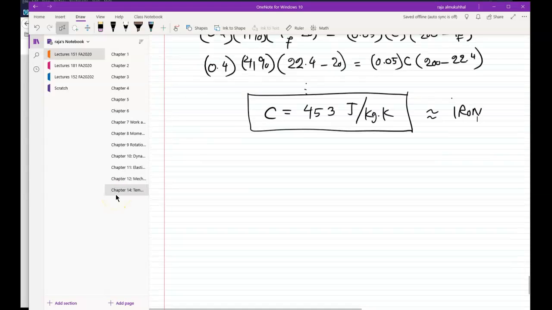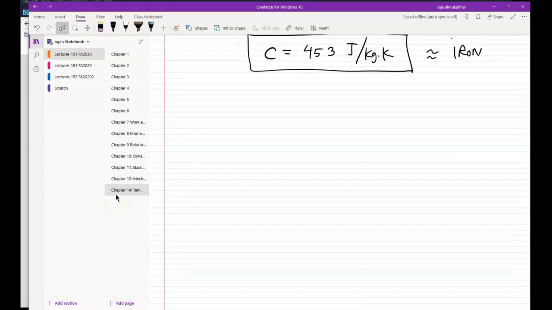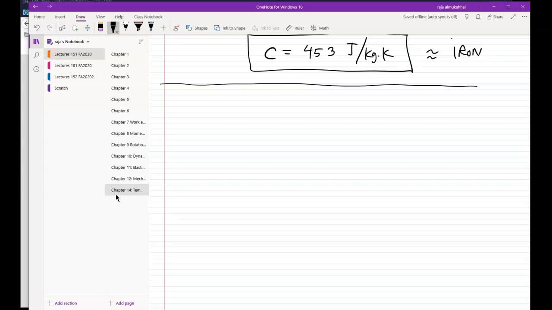Okay, one more example. This is kind of a nice example. I have it for my notes. It's kind of a comprehensive example. Okay, imagine that I have, let's say, a cube of ice.